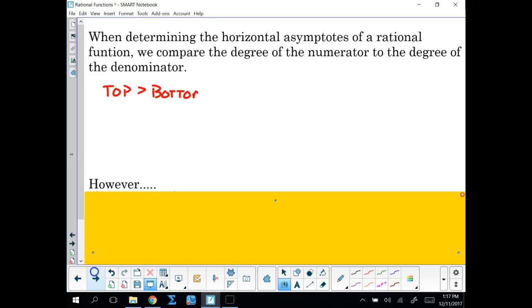If the top is greater than the bottom, what is my horizontal asymptote? That's a none. What's my second option when comparing the degree of the top to the degree of the bottom? Top equals bottom.